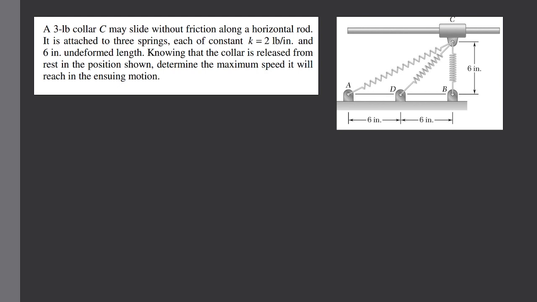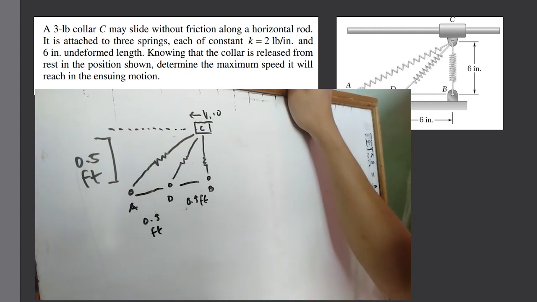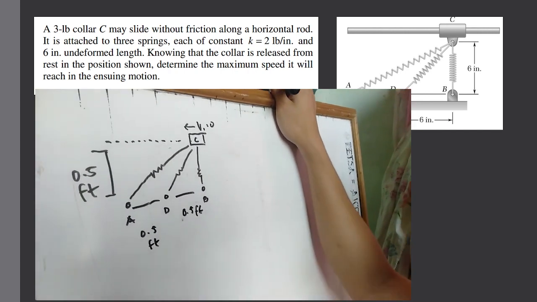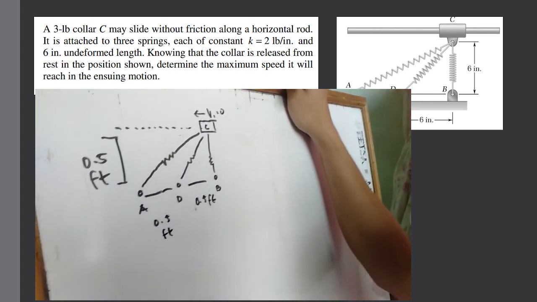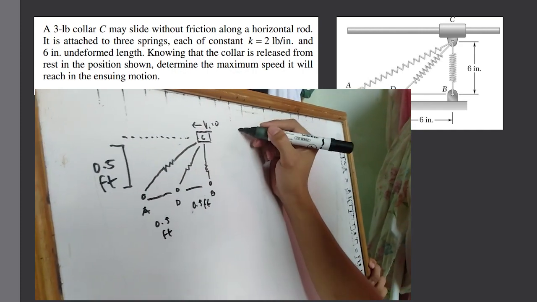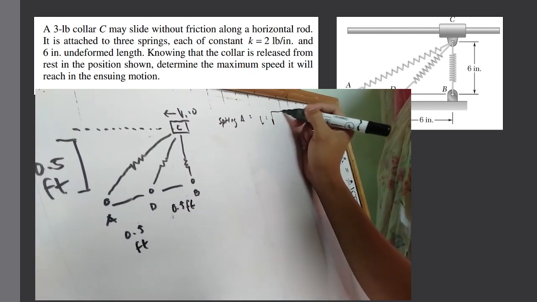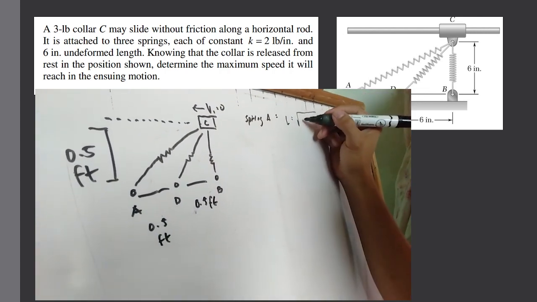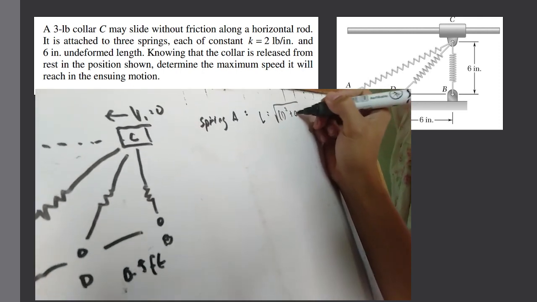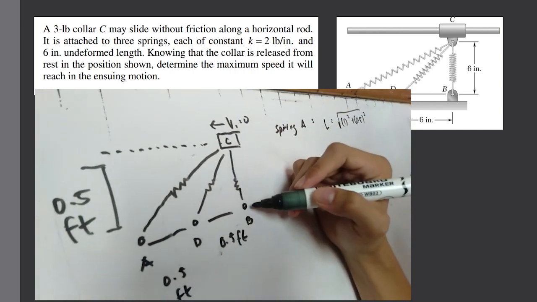Yes, so to further explain this formula, let us answer this question. Six inches, 0.5 feet. So, let's solve for the length of spring AC. Its length is equal to the square root of 1 feet squared plus 0.5 feet squared, because the height here is 0.5.